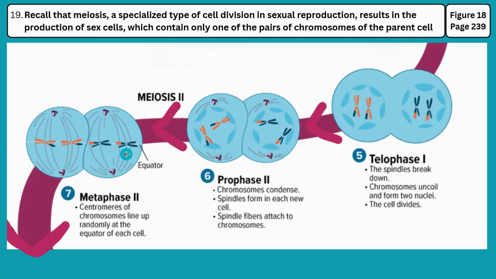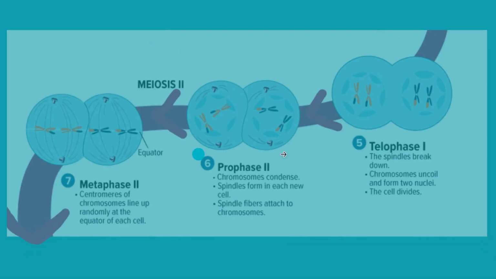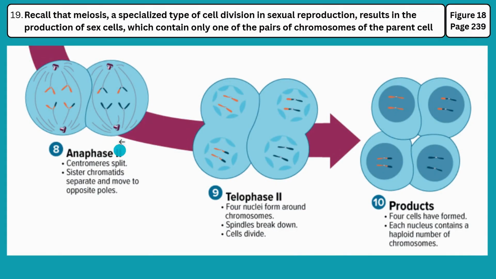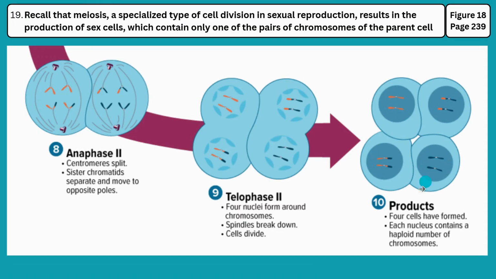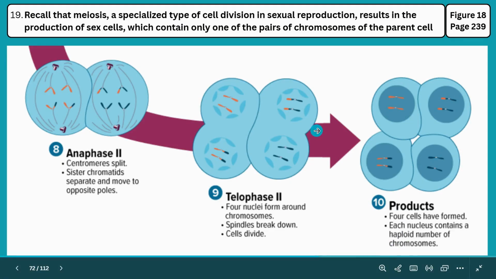They line up near the equator, and then in anaphase 2 they separate, the centromeres split into sister chromatids. Then in telophase, four nuclei form around the chromosomes and the spindle breaks down. The products are four cells, each with half the number of chromosomes, the haploid number.